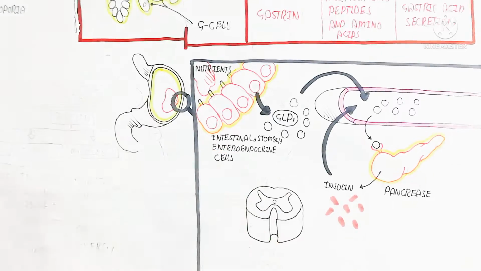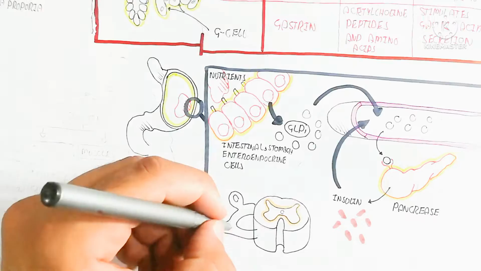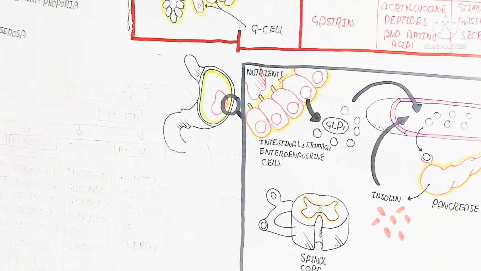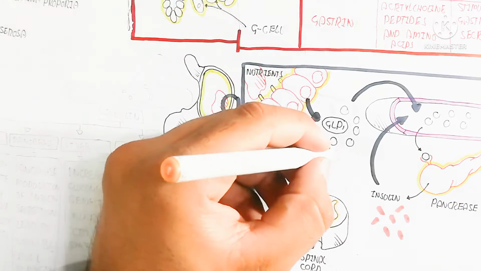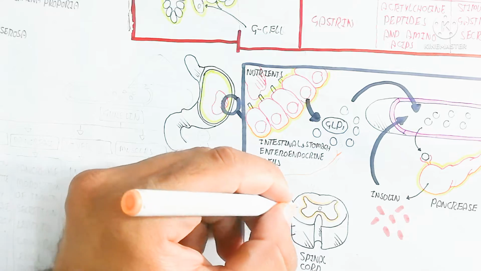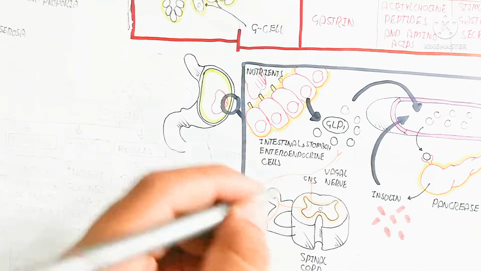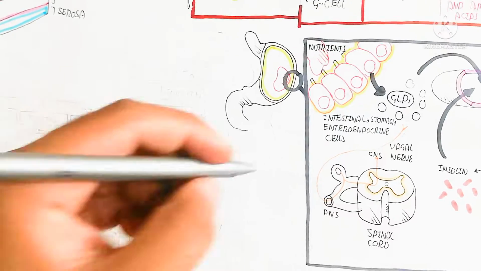The insulin enters the blood circulatory system and targets different tissues for absorption of protein, glucose, and fat. The spinal cord and vagal nerve will sense this glucagon-like peptide 1.